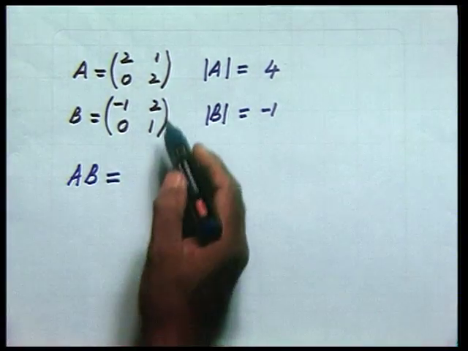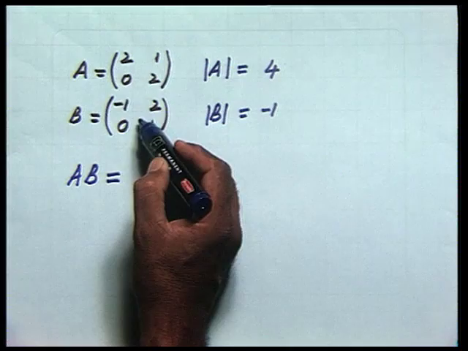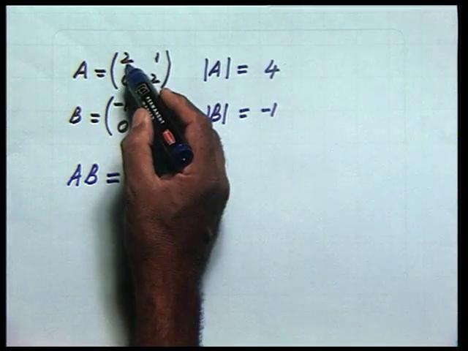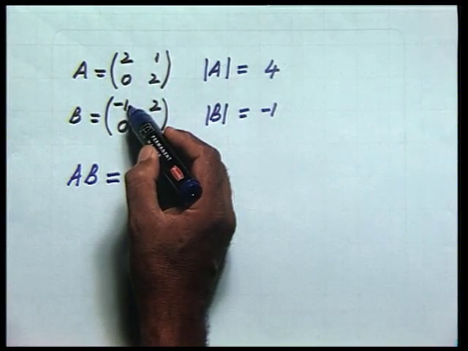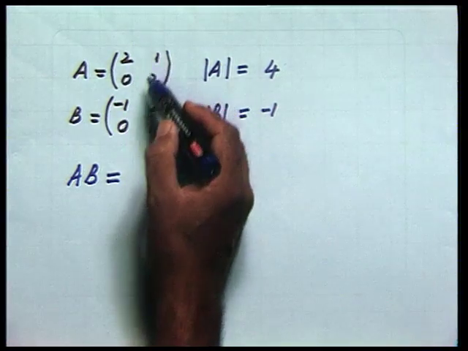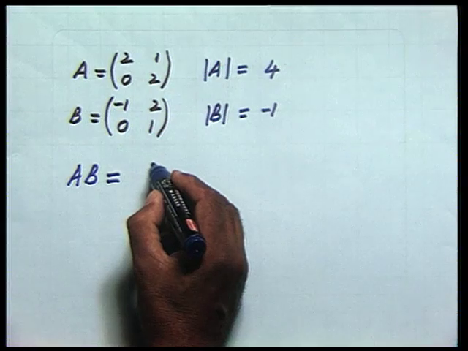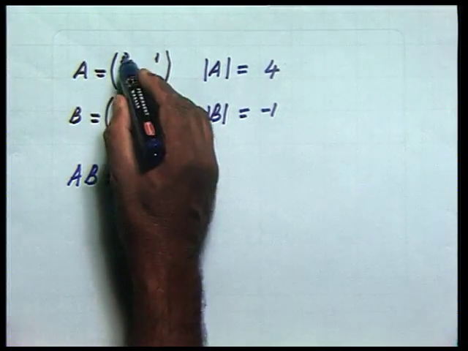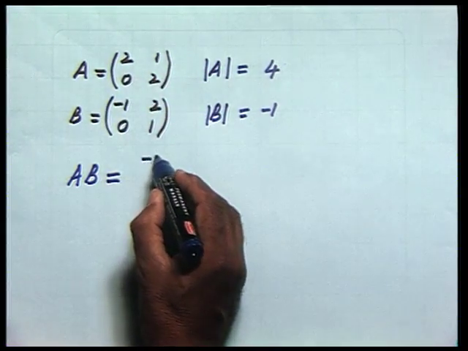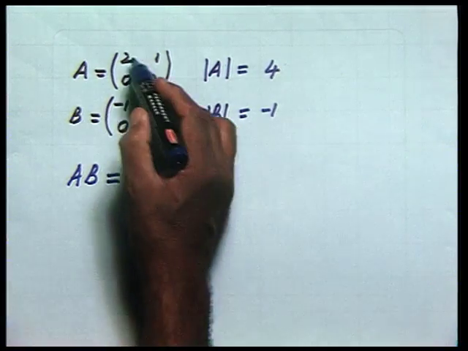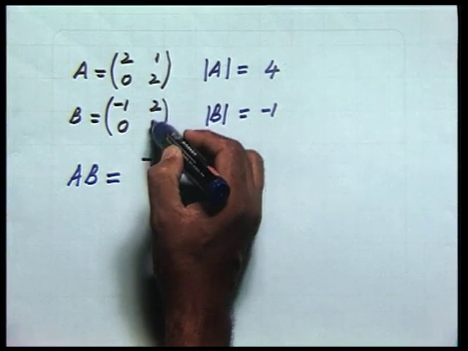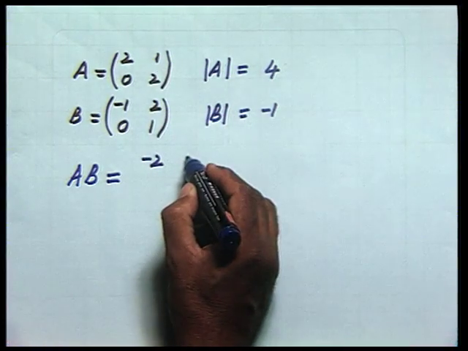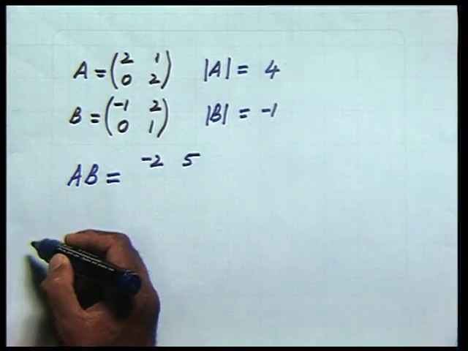What will be the product? If you find the product of A and B, then A multiplied with B, remember the first row with the first column: 2 times minus 1 plus 1 times 0. So, this is minus 2. First row with second column: 2 times 4 plus 1, which is 5.